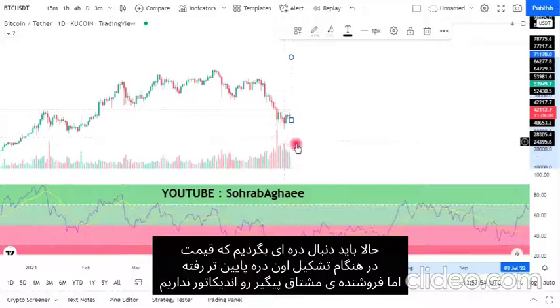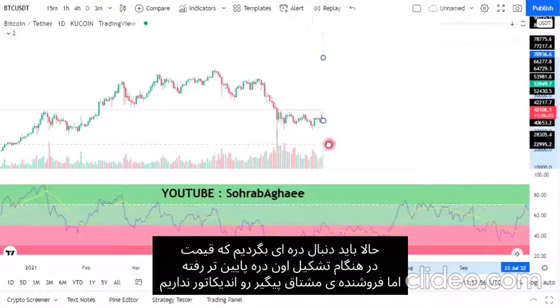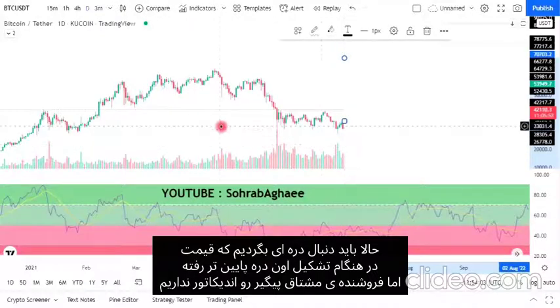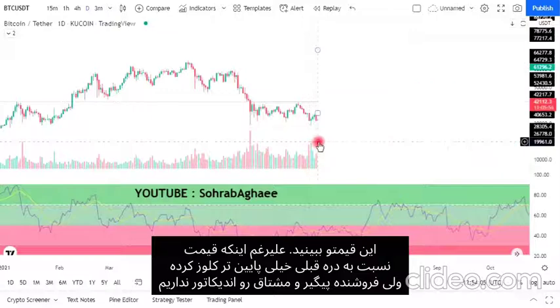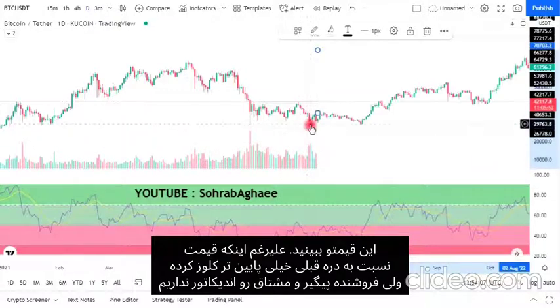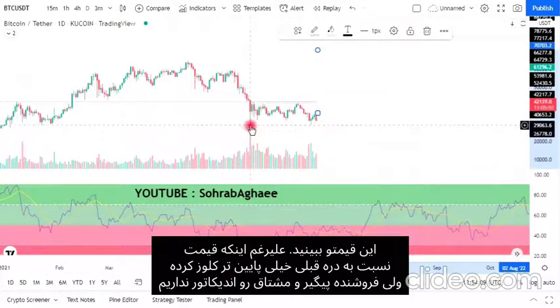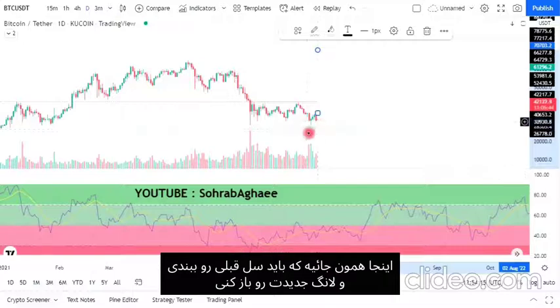We are looking for a price reduction, and sellers are not eager. This price is lower than the previous price, and sellers are not eager. This is a good area to open a long position.